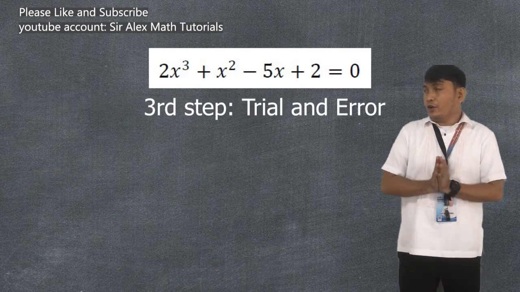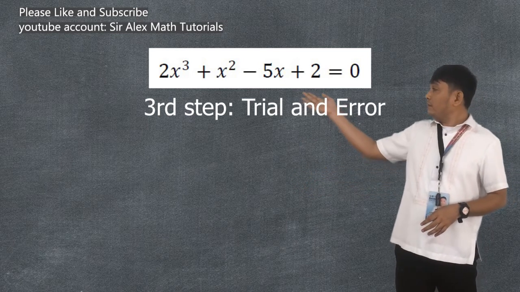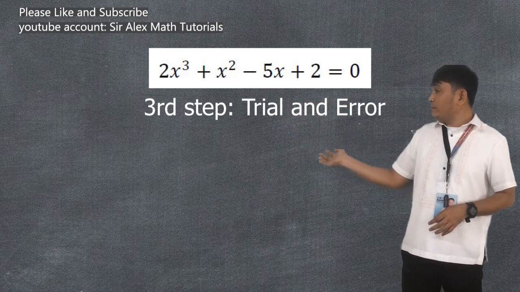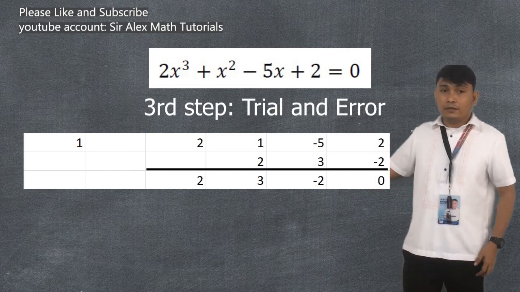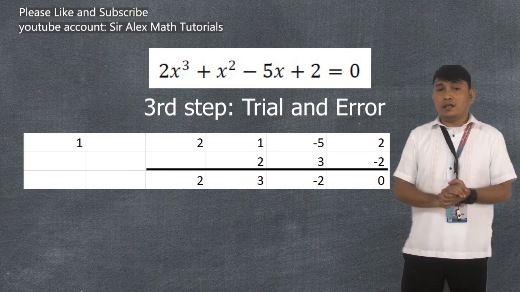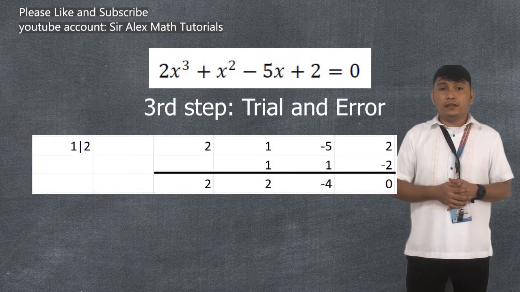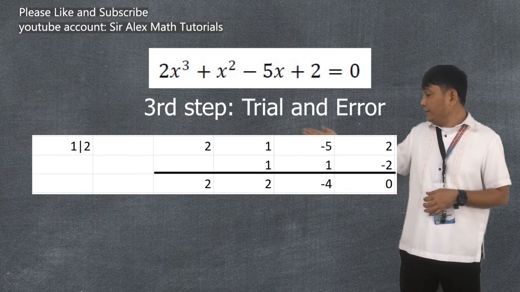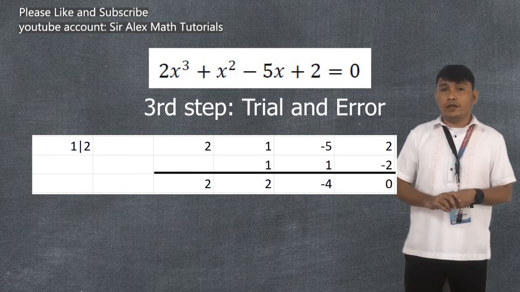So by trial and error, I have tried the possible value 1, and it turned out that the remainder is 0. So we can say that 1 is one of the roots. I have tried positive 1/2, and it turned out that the remainder is 0. So therefore, 1/2 is one of the roots.